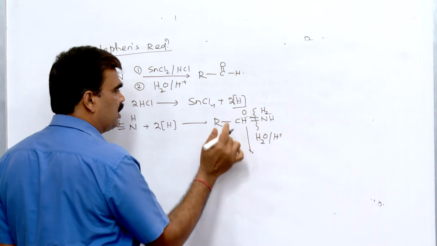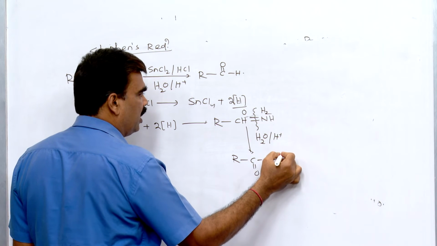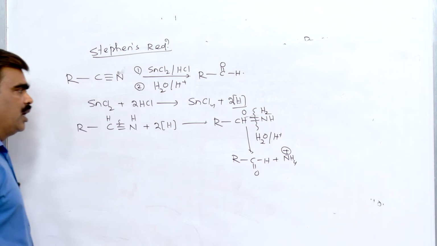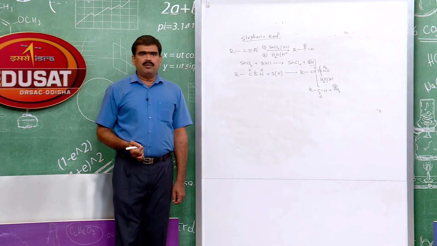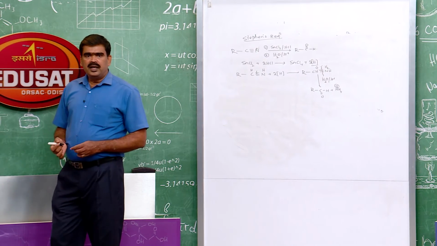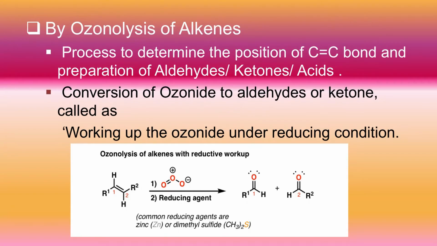In this way the bond breaks and we get aldehyde, right? And this is ammonia or NH4 plus, because the medium is acidic. You will get ammonium chloride. So this is the best method of preparation of aldehydes only, and you cannot prepare any ketone by this method, right?